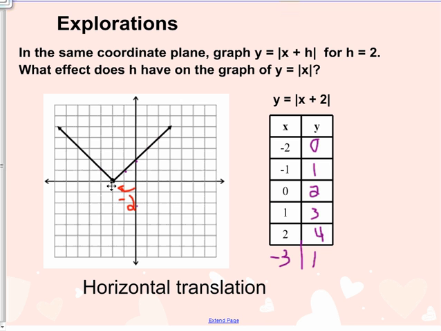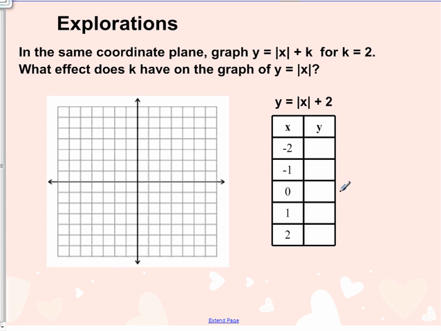It's moving negatively. Which means that if I had the equation y equals the absolute value of x - 2, my V would be going this way, and I would have the V going like this. So that is an example of a horizontal translation.